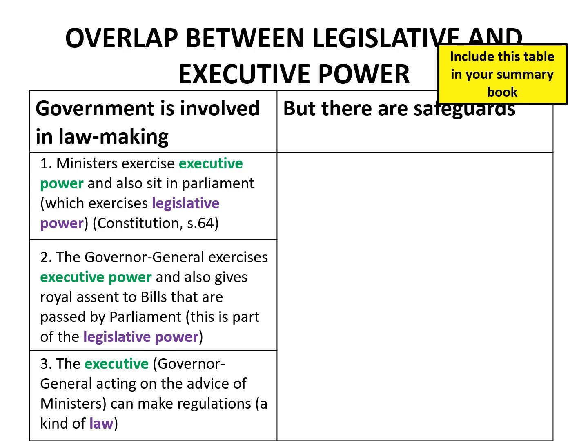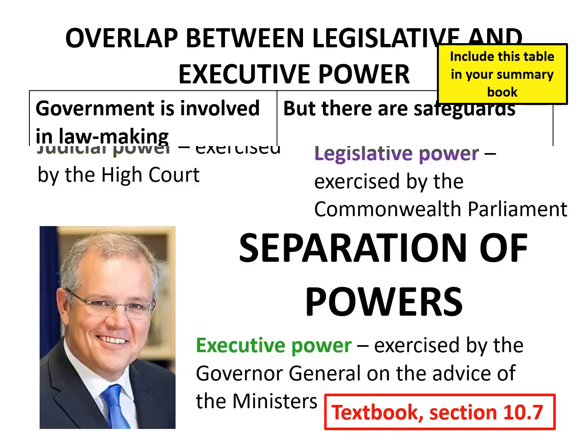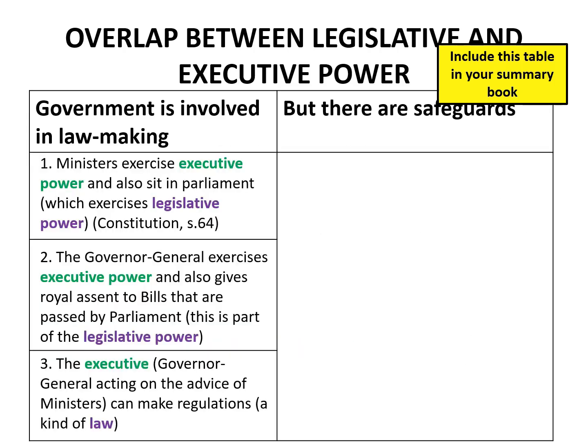And then the Governor-General, acting on the advice of the ministers, will sign those regulations into law. So here again, we have the government, in this case the Governor-General acting on the advice of the ministers, exercising legislative power. However, there are safeguards built into the Australian parliamentary system to control these exercises of lawmaking power by the government.